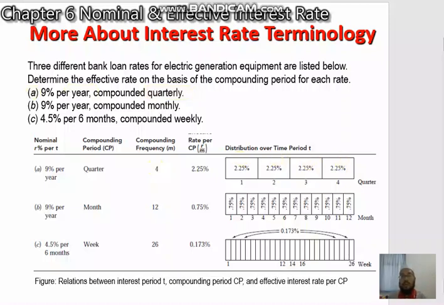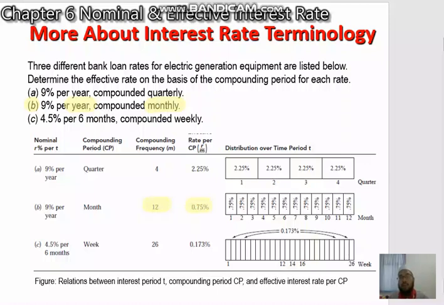We look at the second statement here. 9% per year, still yearly, 9%. Compounded monthly, means compounded every month. So 9% divided by 12, so it is 0.75% every month.